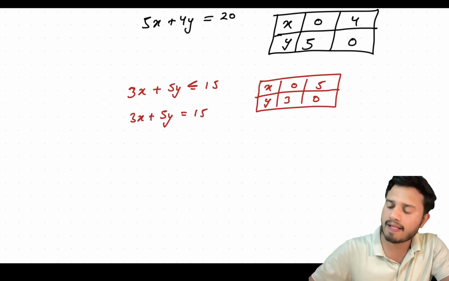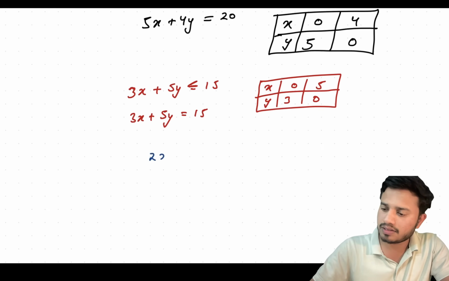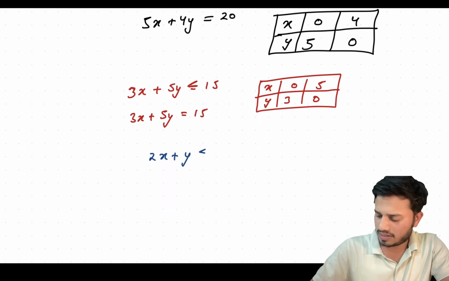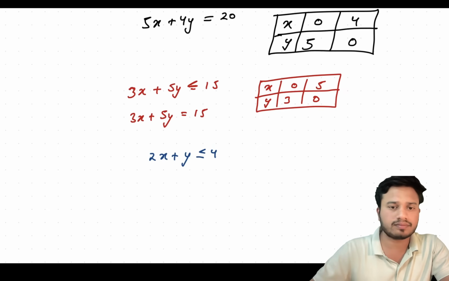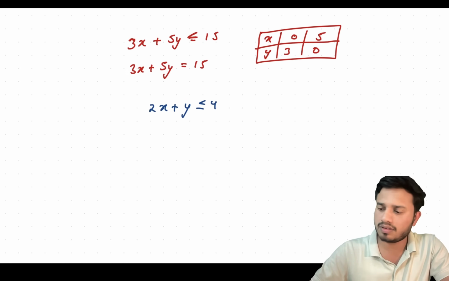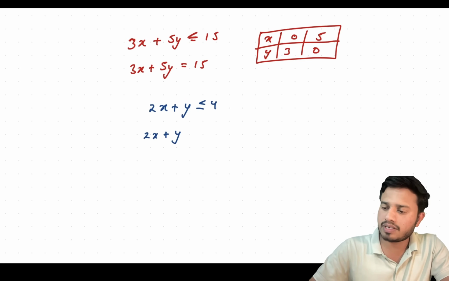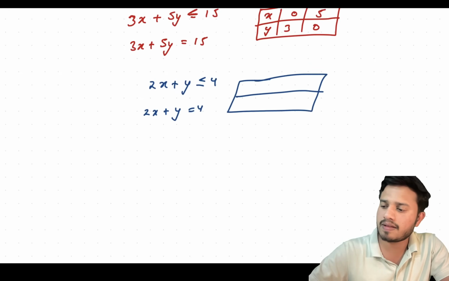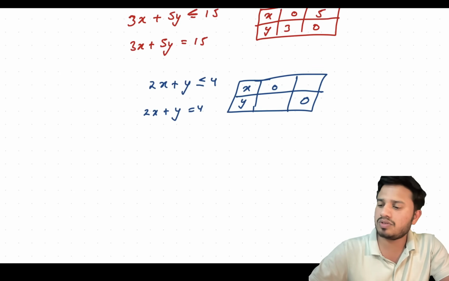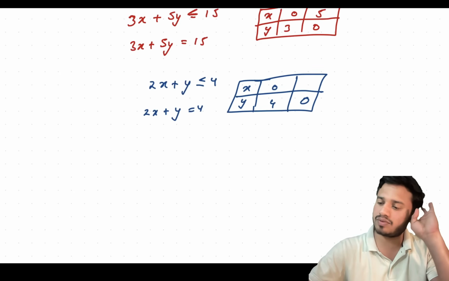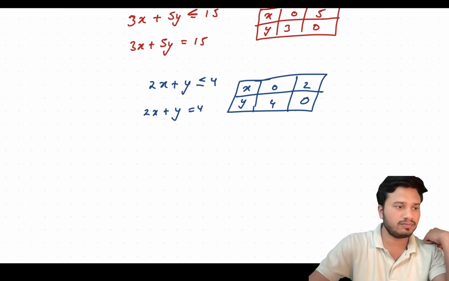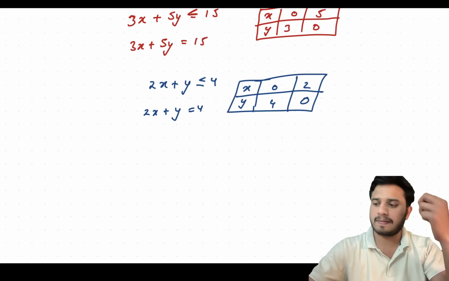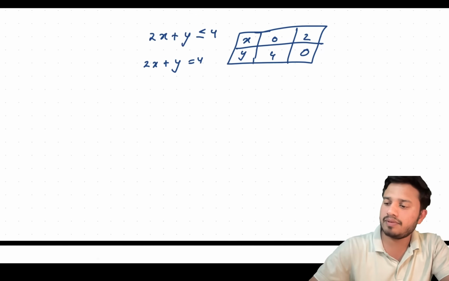Third, 4. So y will be 4, and with y equals to 0, x will be. Draw the line.